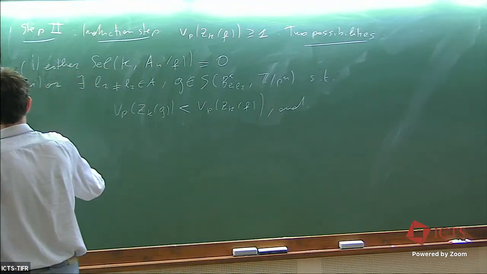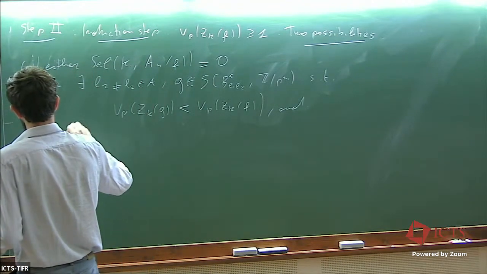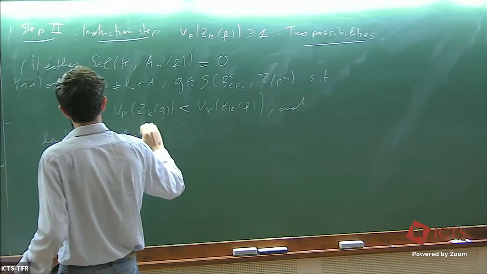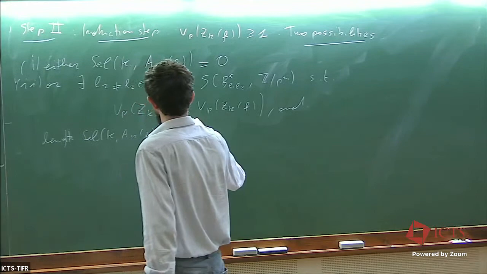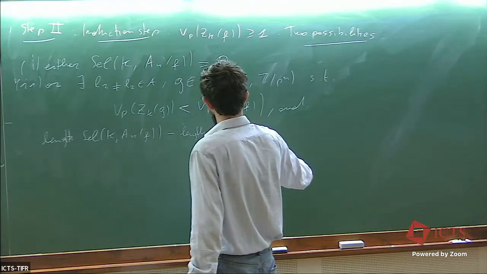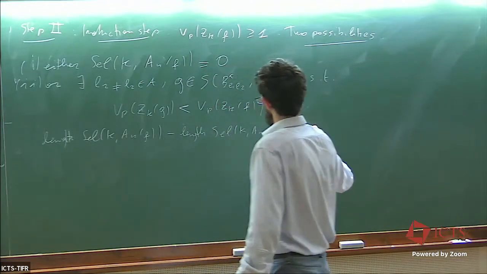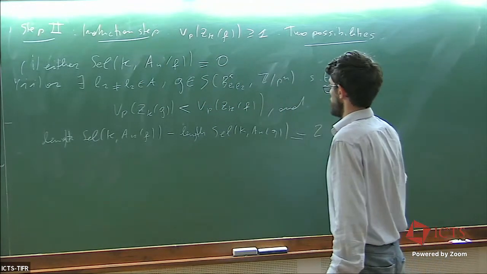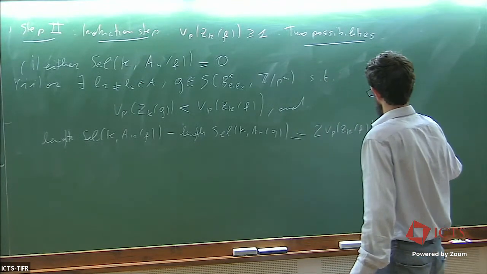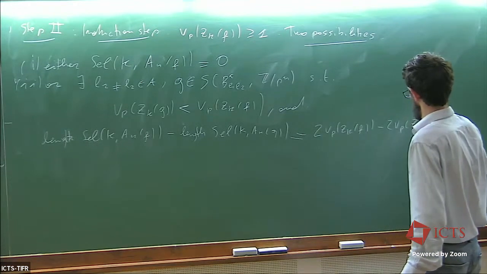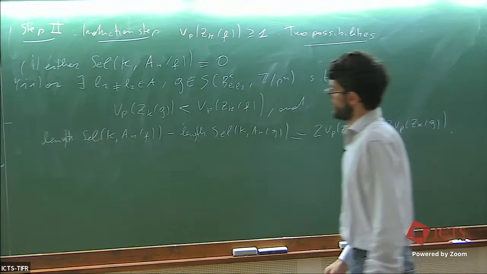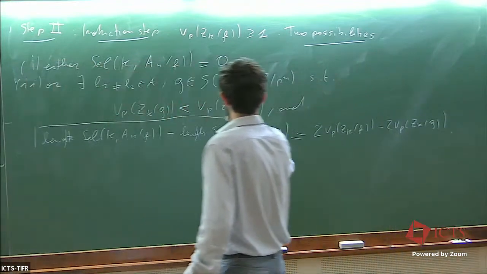So if you take the length, it is exactly equal to minus twice the p-adic valuation. Okay, so this is what you prove, and maybe this is the hardest thing to show.